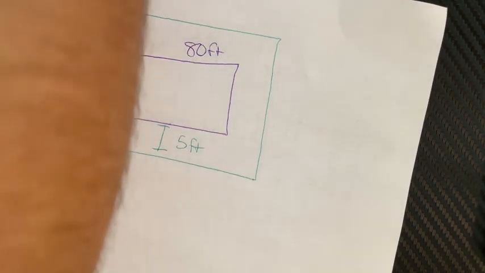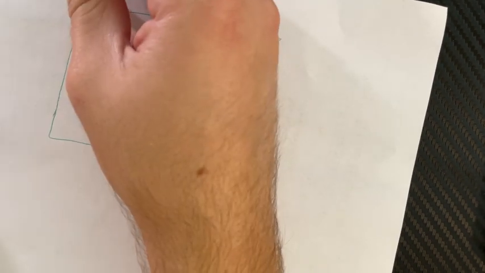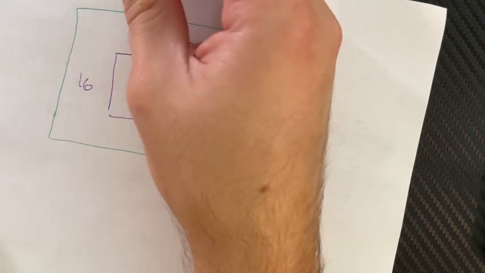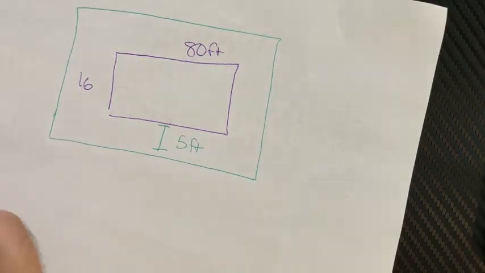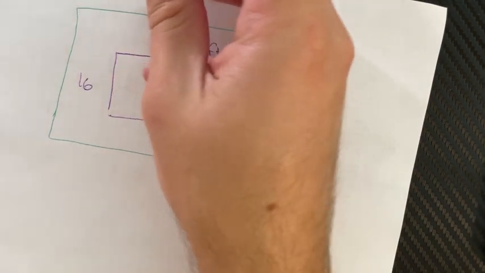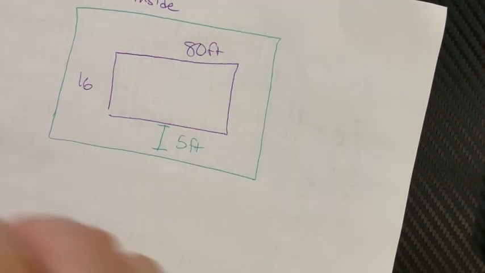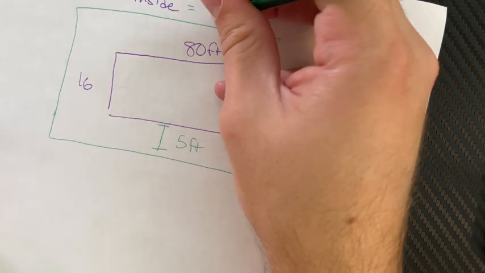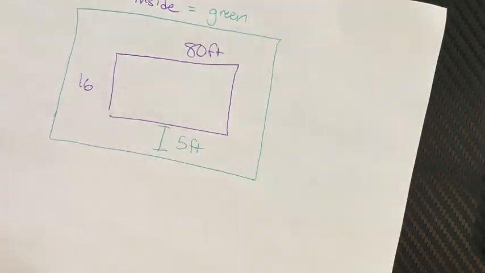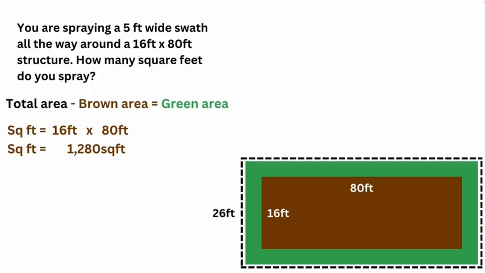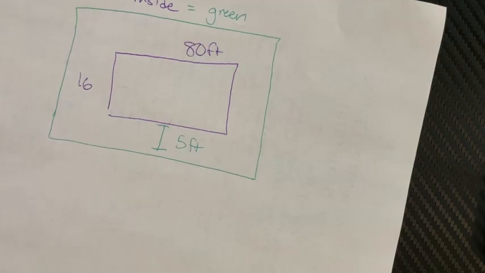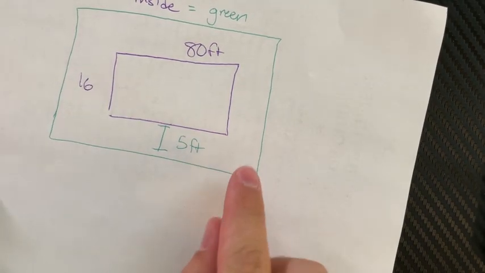Total area, let's use this. Total minus the purple, or minus the inside, equals the green area or the area to spray. On the PowerPoint, we're doing total area minus brown area equals green area. Okay, and then let's find out the lengths.